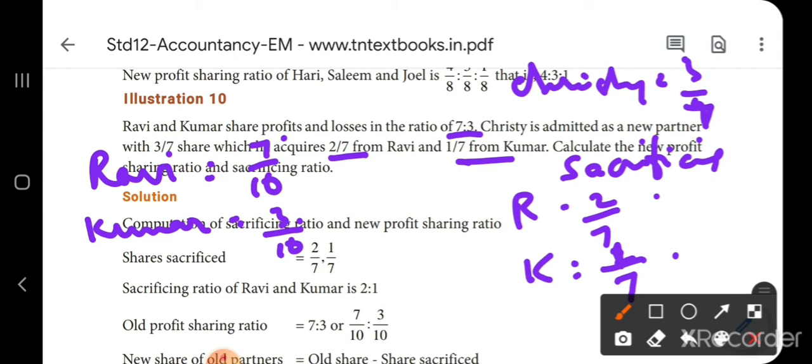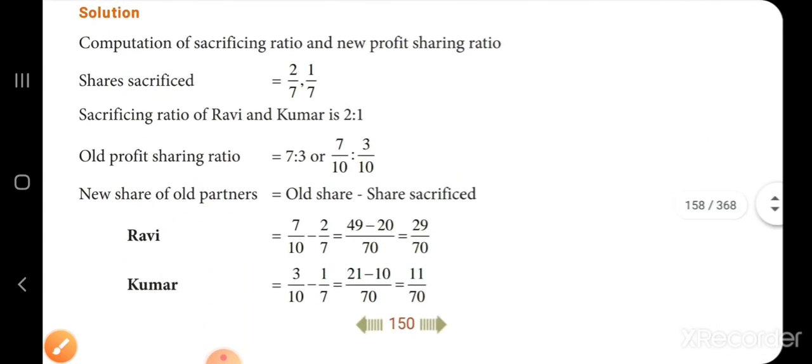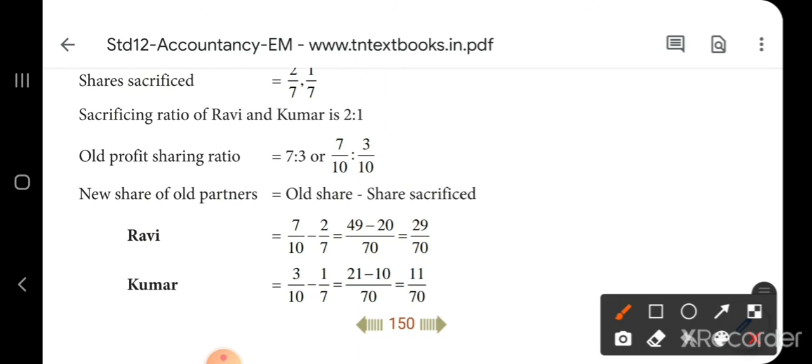What is the formula for new share? New share is equal to old share minus sacrificed share. See here, the sacrificed shares are 2 by 7 and 1 by 7, and the old profit sharing ratio is 7 by 10 and 3 by 10, which you found out.